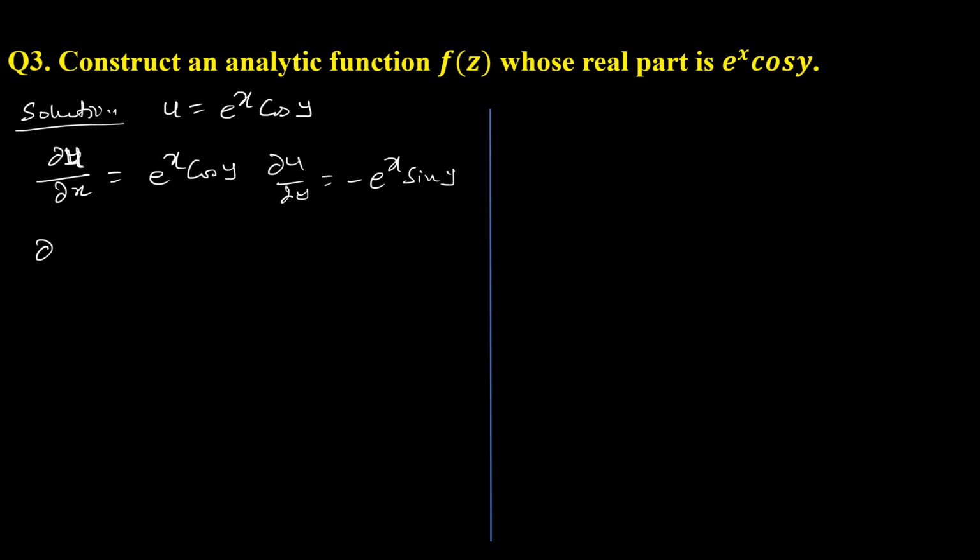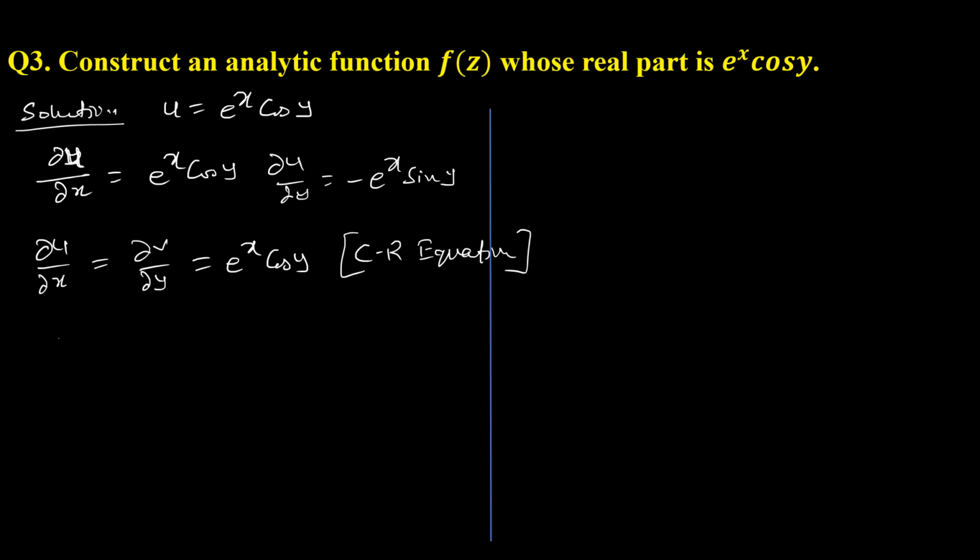We know that del u by del x is del v upon del y, using the CR equation again, and that is e to the power x cos y. So del v is equal to e to the power x cos y dy.